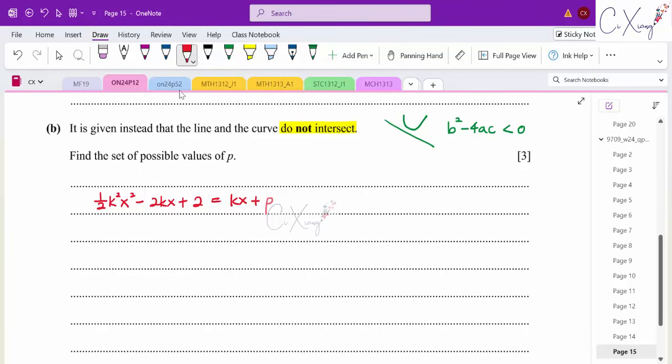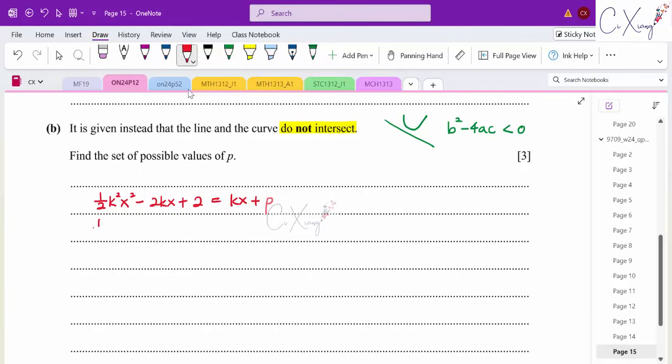Therefore, you have the intersection point. But for this question, there's no intersection point. They did say that they do not intersect. Therefore, I cannot use the intersection point in the first part to get a value for k and p and substitute it here. So you need to keep both unknowns k and p in solving this question.